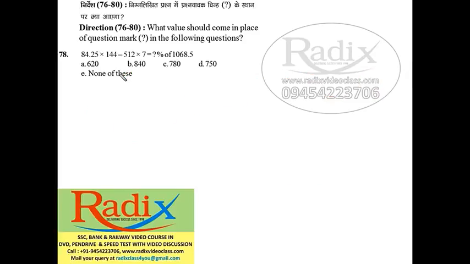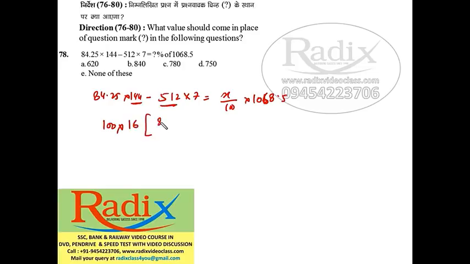Okay, next question. We have 84.25 into 144 minus 51.2 into 7 is equal to x percent of 1068.5. Right, and the values are very easy, whole numbers. So how to solve this? Take this 100 to this side, and this is a multiple of 16, this is a multiple of 16, so take 16 common. Inside we have 84.25 into 9 minus 16 into 32 into 7 upon 1068.5.